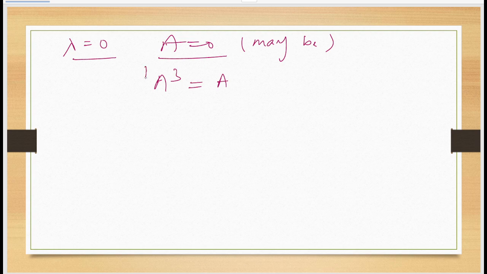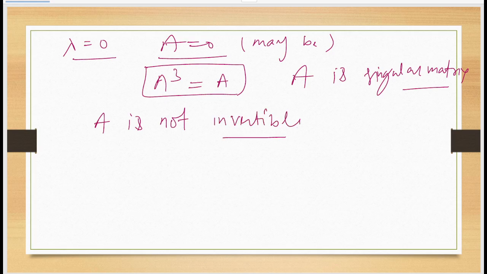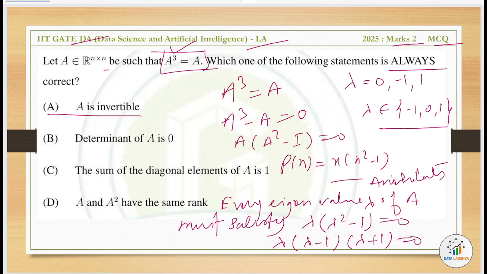That means A is a singular matrix, so A is not invertible. So our first option, that A is invertible, is the incorrect one.